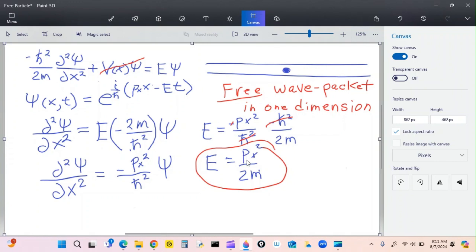There are no quantum steps. Now, in the future problems, we're going to find out that there are quantum steps and there's only certain energies that are allowed. And that's what's going to happen when we get to the hydrogen atom. But before we get there, we have to go through some little baby steps.